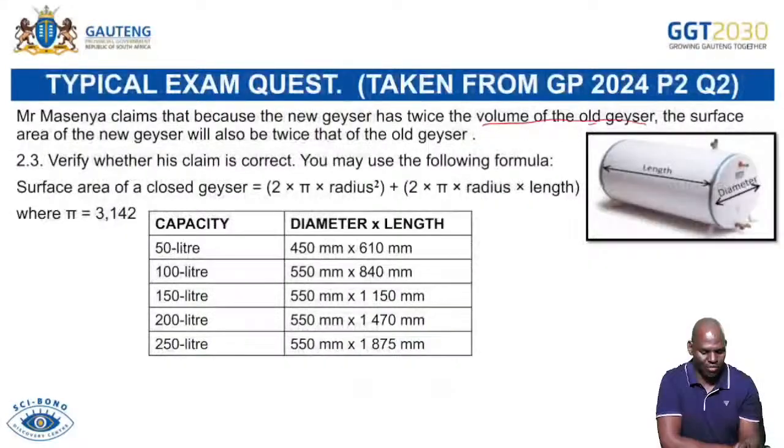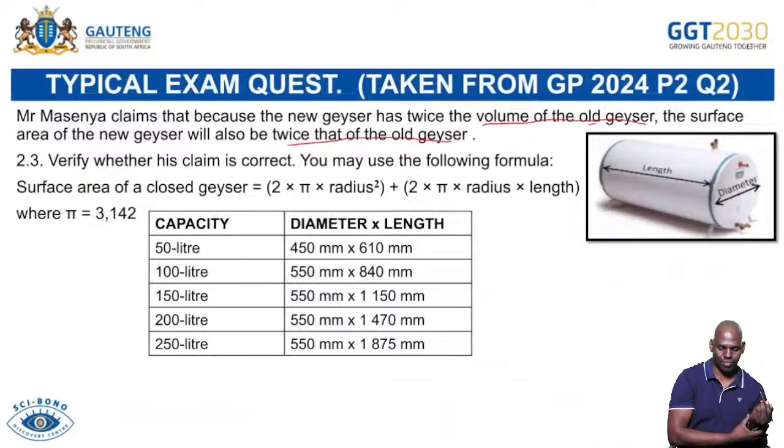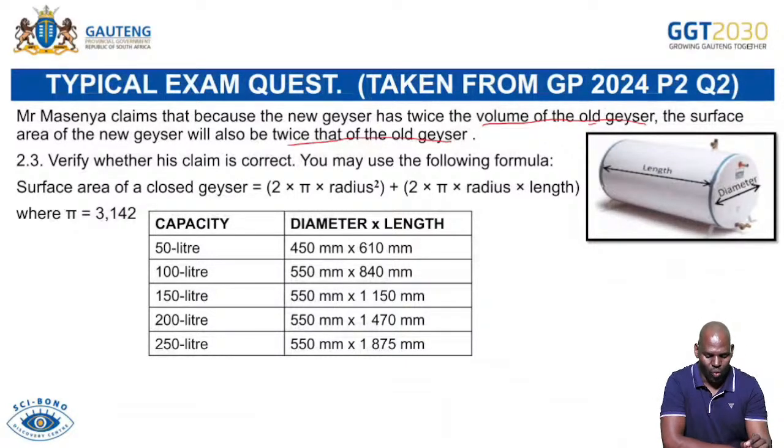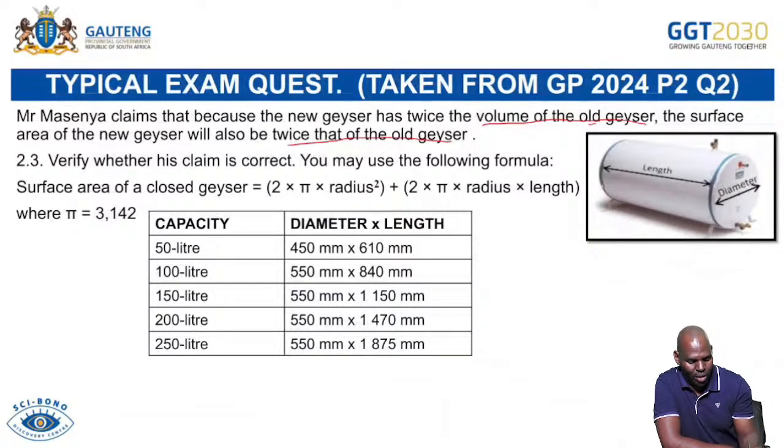Okay, so area of the new Giza will also be twice of the old Giza, right? So what do we do in this case? At the end, we need to compare the surface areas. So we can calculate the surface area of the old one.